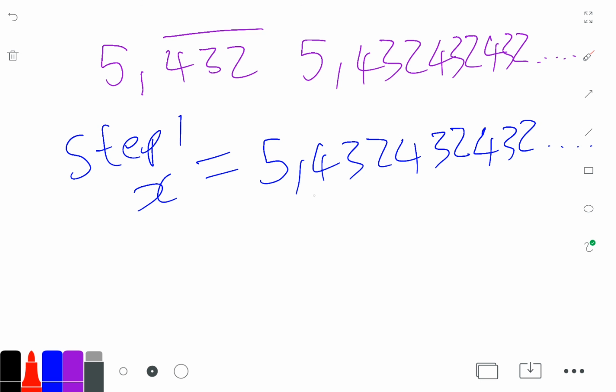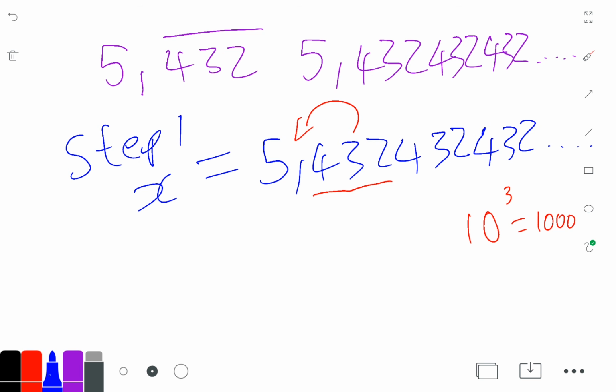Because this number has 3 repeating digits, using what we have learned about powers, we're going to use 10 exponent 3, which equates to 1,000. That means we're going to multiply both sides by 1,000 to move these 3 digits to the left so that we can cancel the rest. Like we said, step 2, we multiply both sides by 1,000.